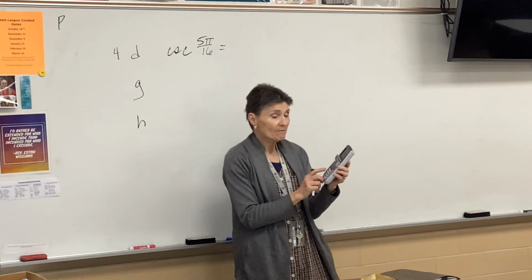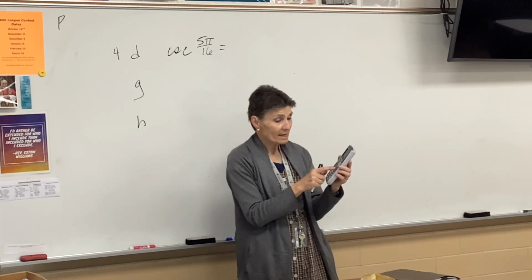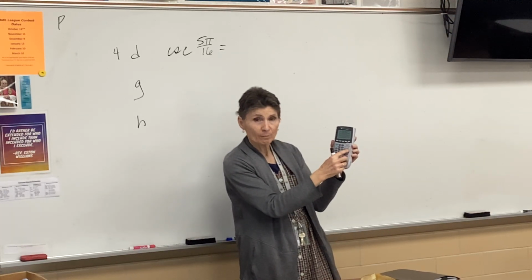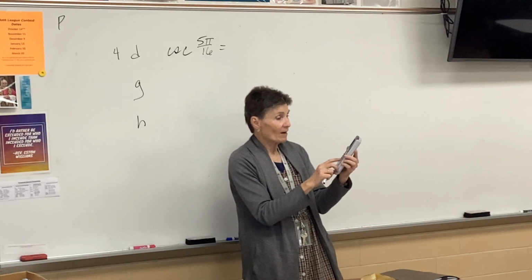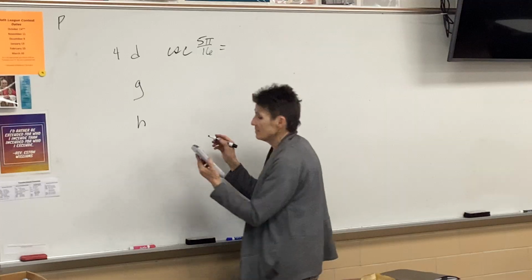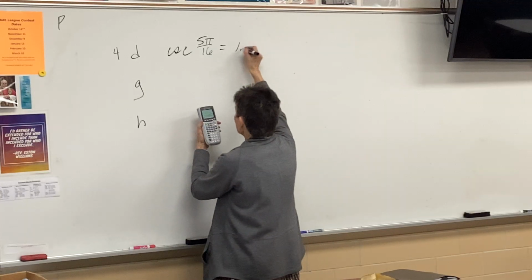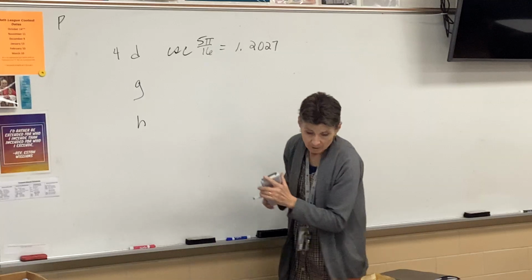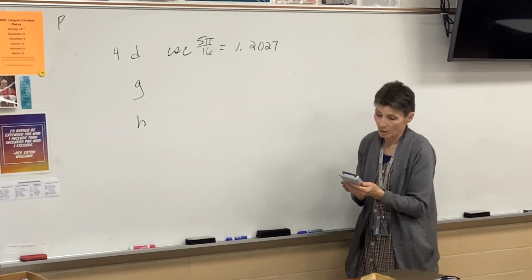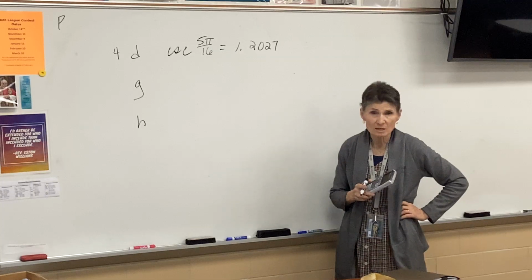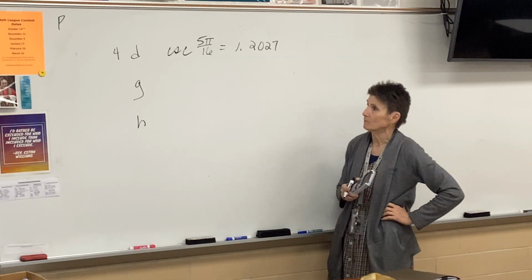Pi is second caret, over here under your clear button. And the answer you should get is 1.2027, if I round to the nearest 10,000th, which is what we usually do with our trig functions.